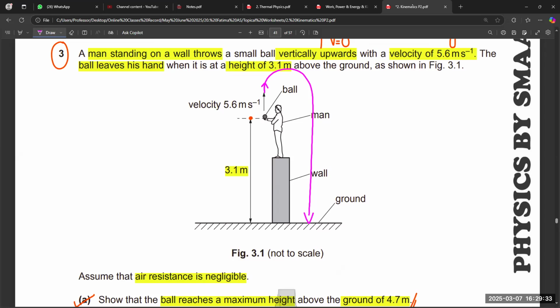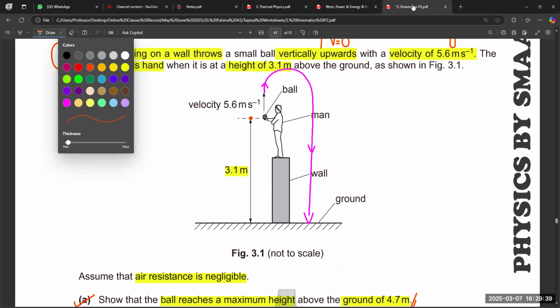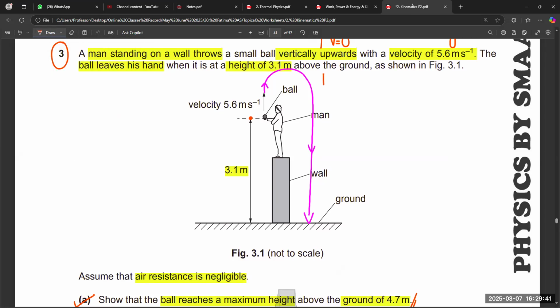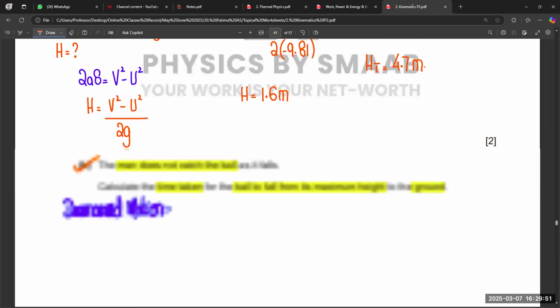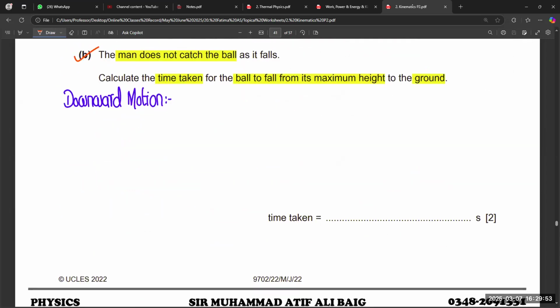Because the man is not able to catch the ball, that's why it falls in downward direction. And if we start from the maximum height, we know that at maximum height the initial velocity will be equal to 0. So initial velocity is 0.